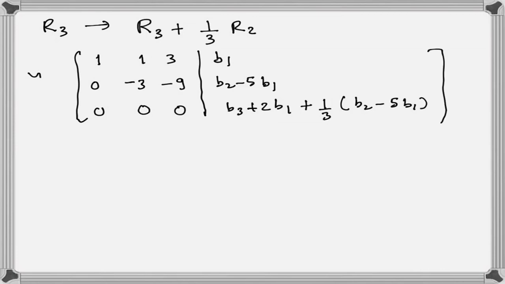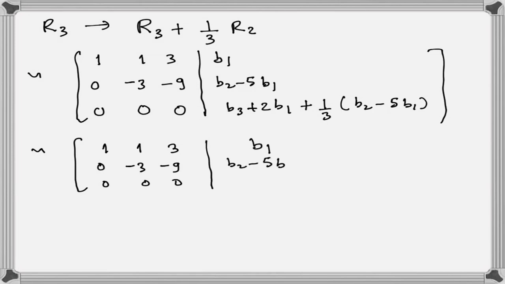Okay, so what do we get? We get 1 1 3, 0 minus 3 minus 9, 0 0 0. This is b1, this is b2 minus 5b1, and this is b1 plus b2 plus 3b3 divided by 3.